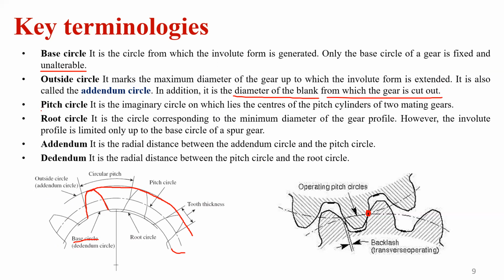And then we need to understand what the pitch point and the pitch circle are. Let us try to understand: the two gears are in mesh. This is gear 1 and this is gear 2.